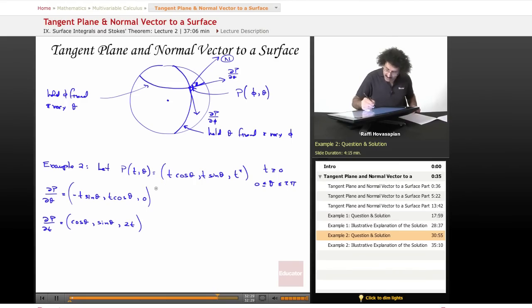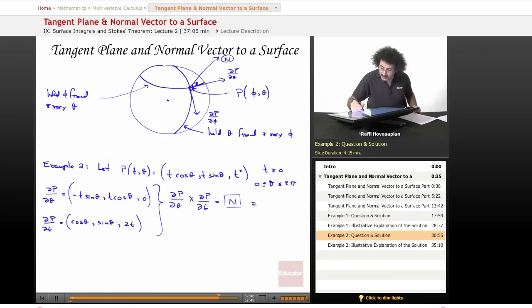Now, when I take dp d theta cross dp dt, this vector cross that vector, I'm going to end up with my normal vector.